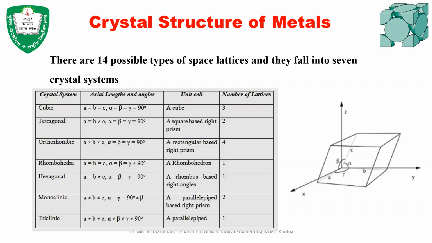That means the angles between a and b, b and c, and a and c are 90 degrees. That means it is a square-based right prism. Okay, and there are 2 types of lattice in there. And similarly, all other crystal systems can also be described using the length of edges and the angle between the edges.